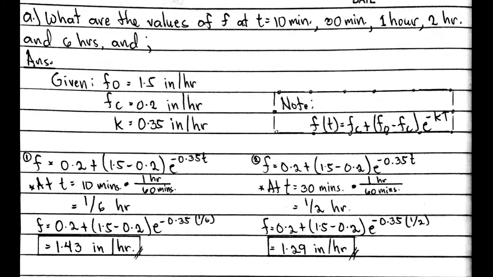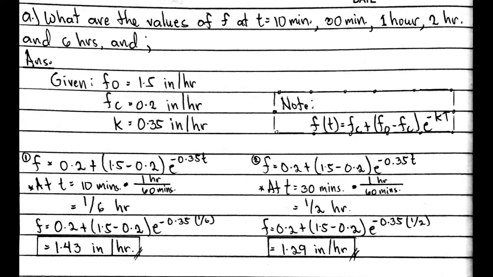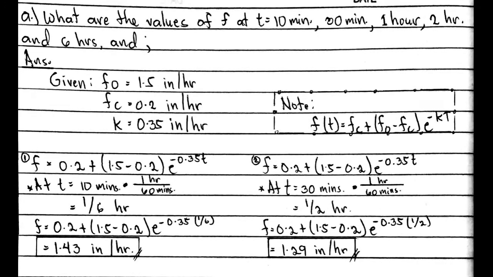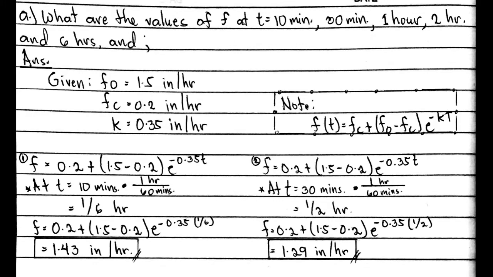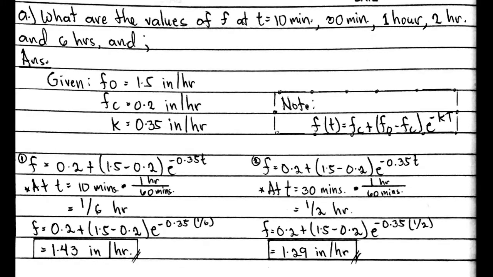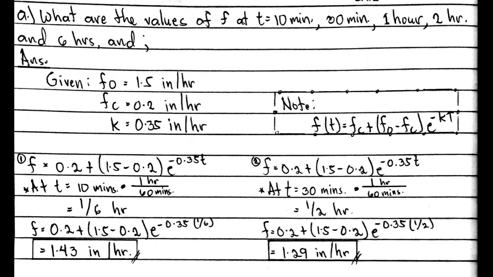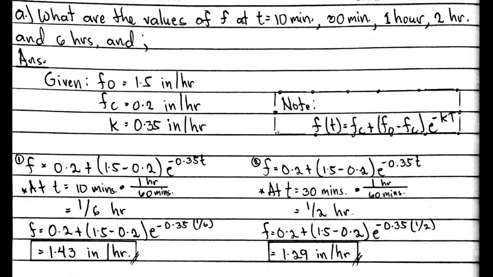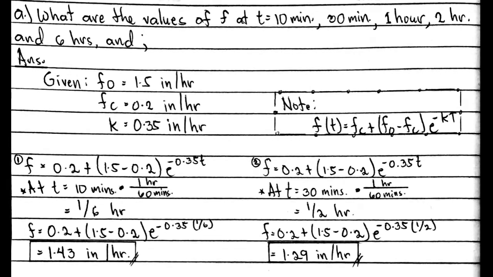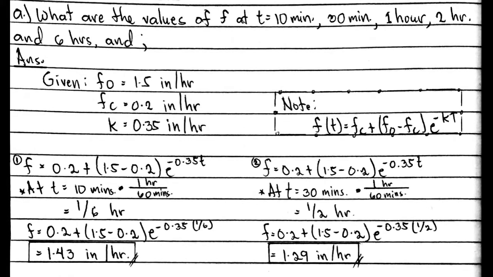At yung given na time ay i-convert lang natin yung minutes into hour. Pagkatapos nun, direct input na lang natin sa calculator and then makukuha na natin yung sagot. Kaya hindi ko na sinulat dito yung ibang solution katulad ng 1 hour, 2 hours, and yung 6 hours kasi ganun din lang yung process ng pag-solve.